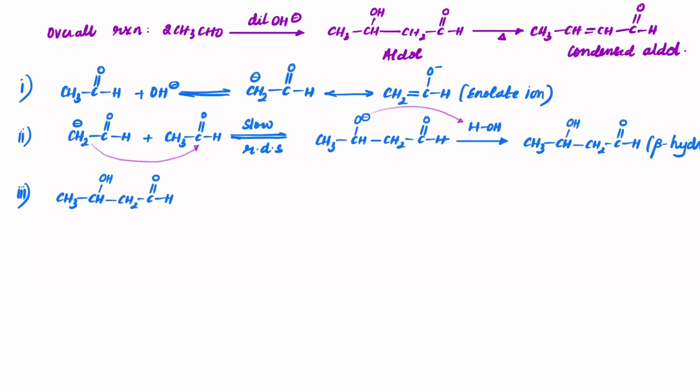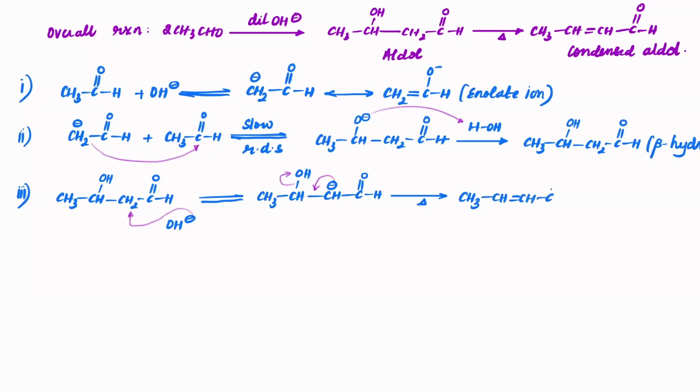So CH3 CHOH, then CH minus, then C double bond OH. The carbanion will push, and on heating OH minus will be lost from here. That's how we get CH3 CH double bond CH, C double bond OH.